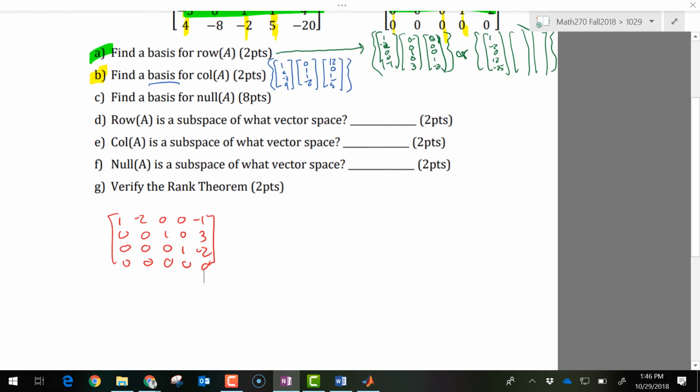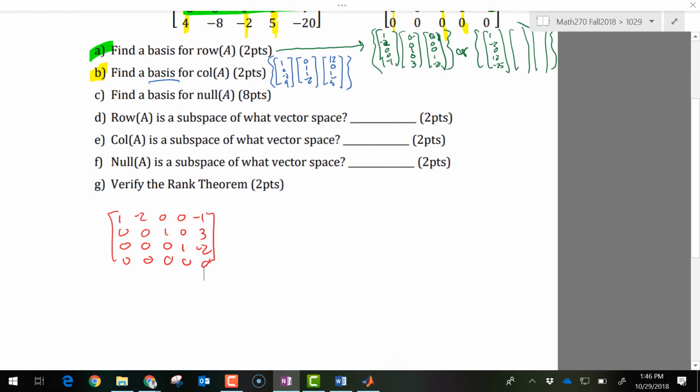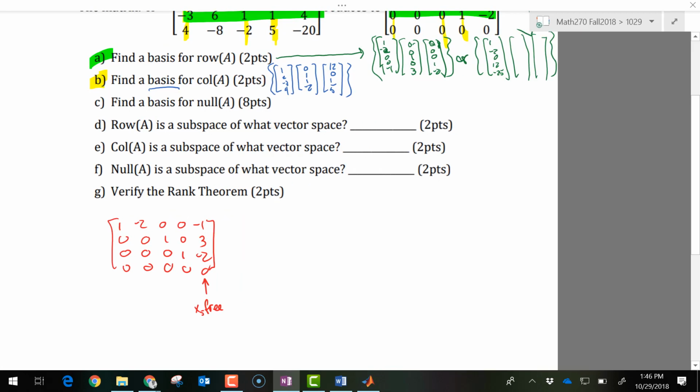For your null space, this is stuff that we've been doing already. We have variables x1 through x5. This has a pivot. This has a pivot. This one does not. So x2 is free.